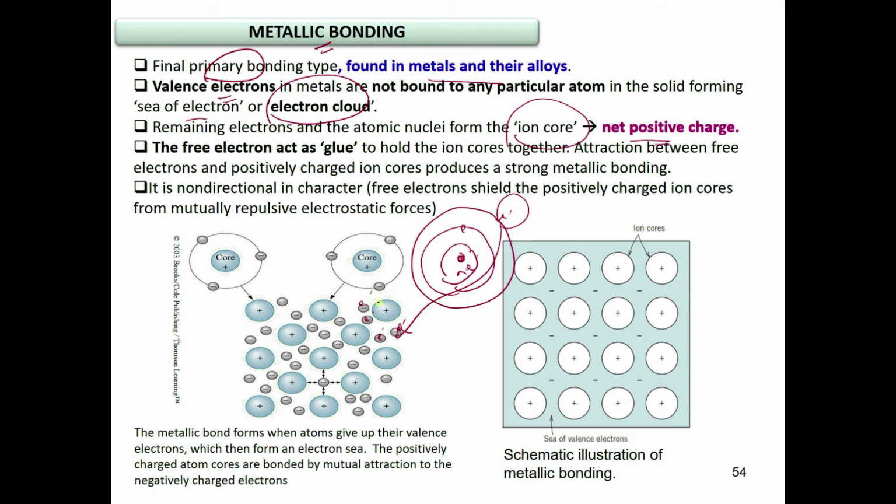So this electron cloud and the positive ion core form attraction forces between each other, forming a very strong metallic bonding. So the valence electrons act as the glue between the positive ion cores. You can also represent the metallic bonding this way, where this one represents the positive ion core and the negative represents the electron cloud.